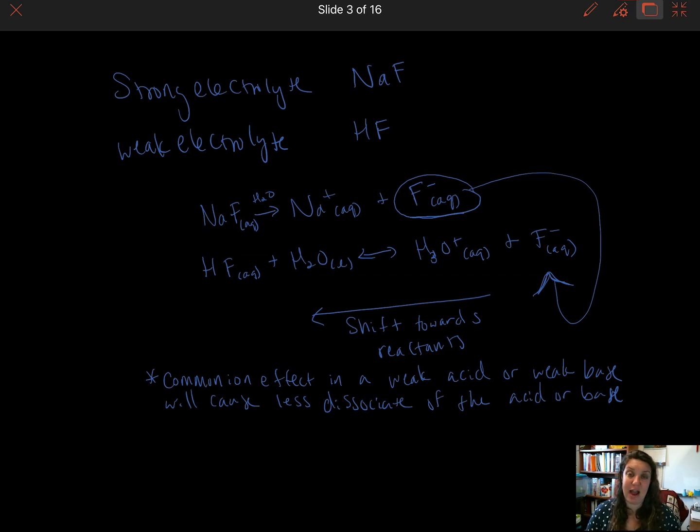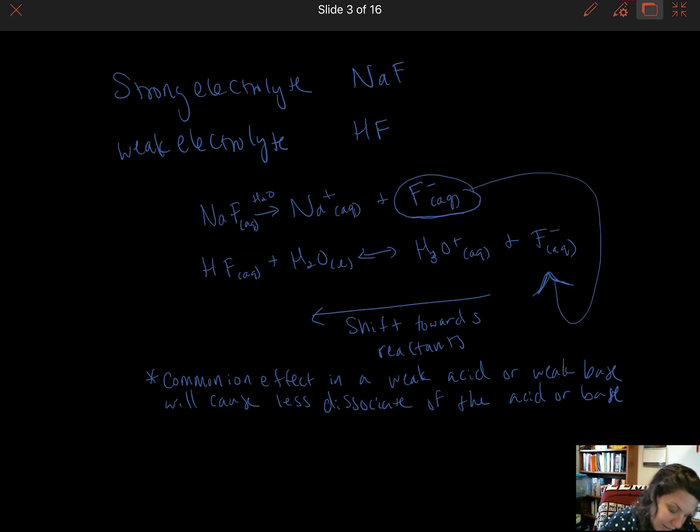If we add a common ion into a weak base solution, we will decrease our dissociation of our weak base, and that will cause our hydroxide ion concentration to decrease, and when that decreases, our pH will actually go down.